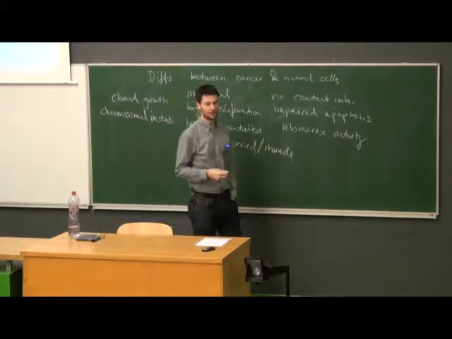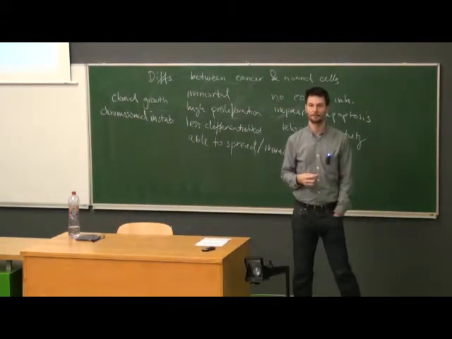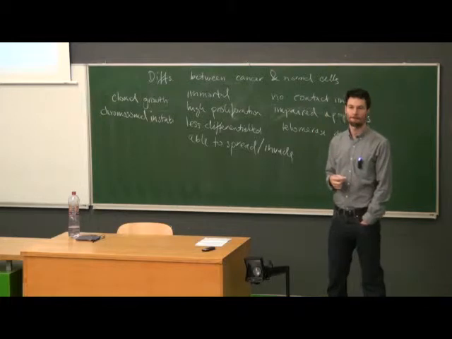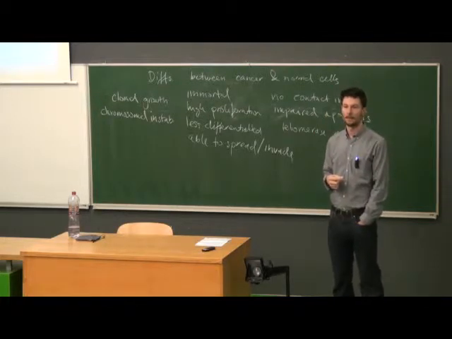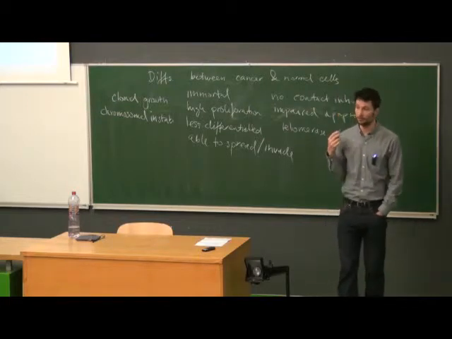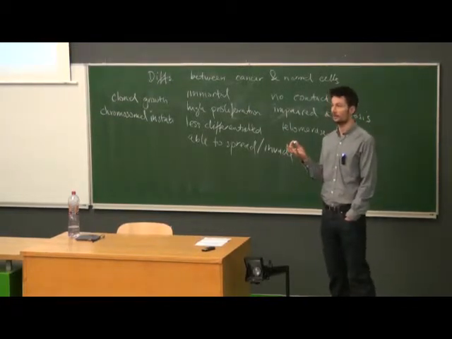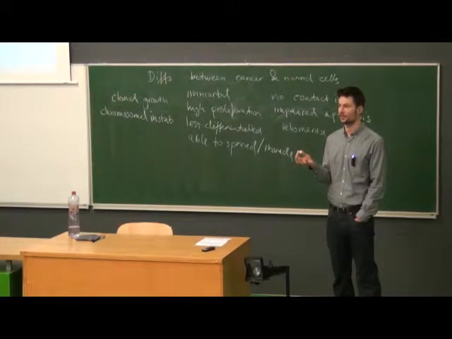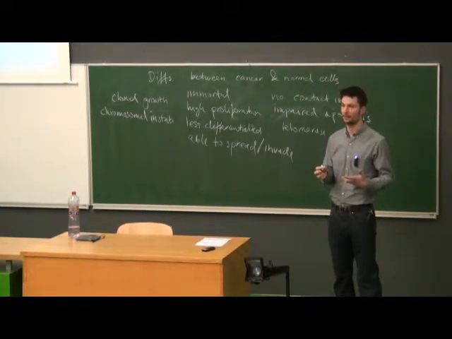Why do cancer cells have chromosomal instability? Okay, so excellent. So most cancer cells have mutations in the repair systems, in the DNA repair systems, and that's why their DNA, their genome is more likely to be damaged.